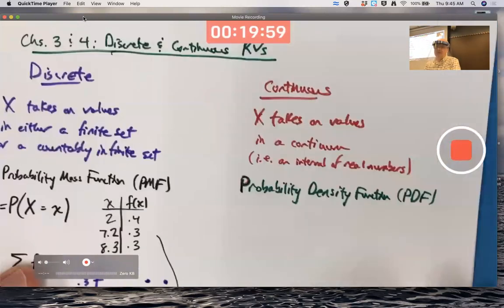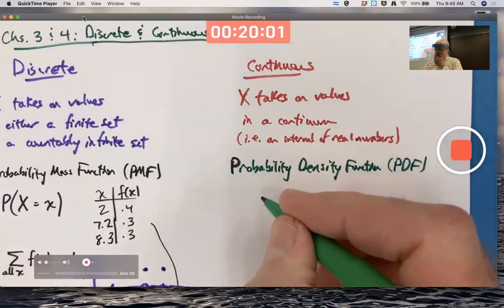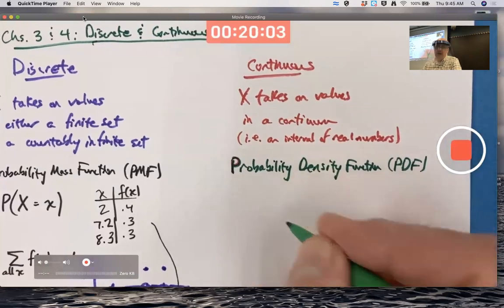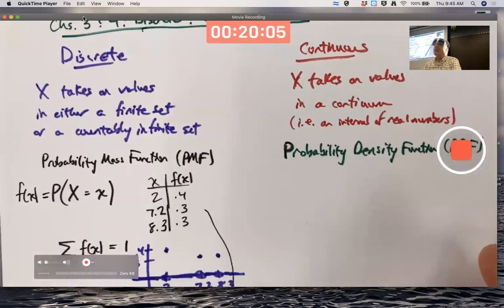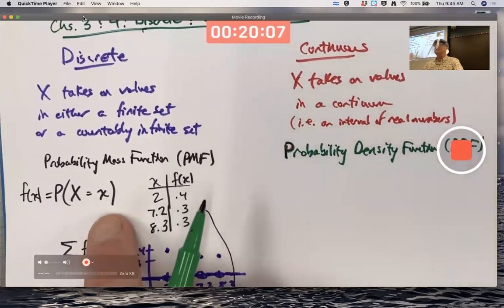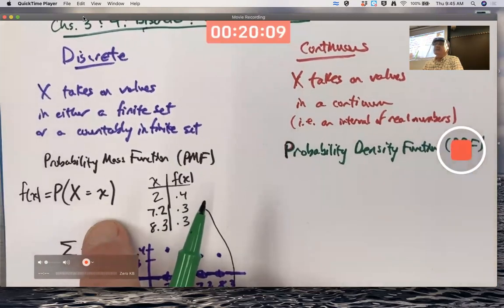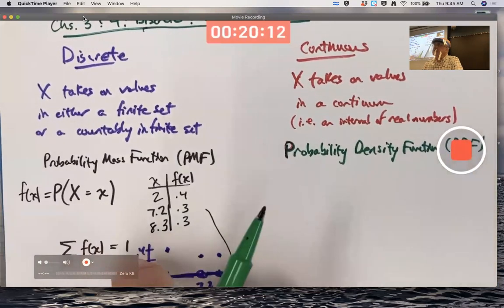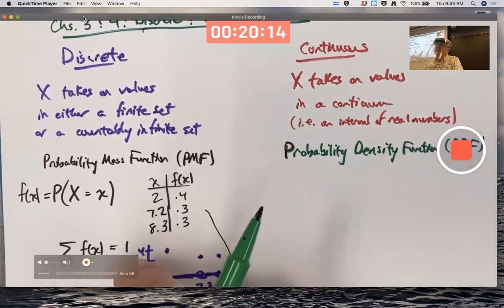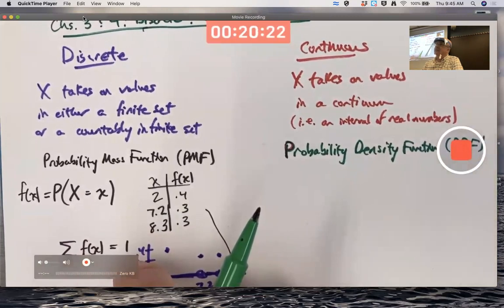Probability density function, still called little f of x, but unlike the discrete case, the values of little f do not give you probabilities. They give you probability densities. What does that mean? It means you have to integrate them to find probabilities.